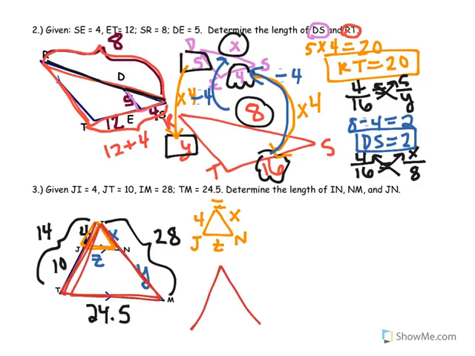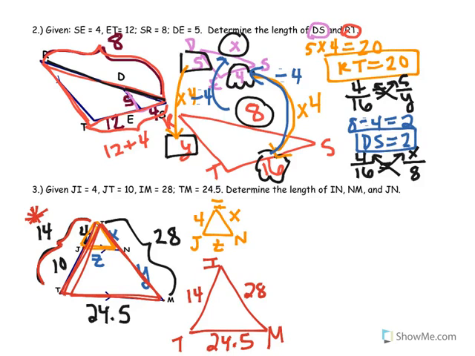The bigger triangle is TIM. My side lengths are, they gave me 28, they gave me 24.5, and I remember we added together 10 plus 4 to get to 14. That is one step that a lot of you will forget, okay?